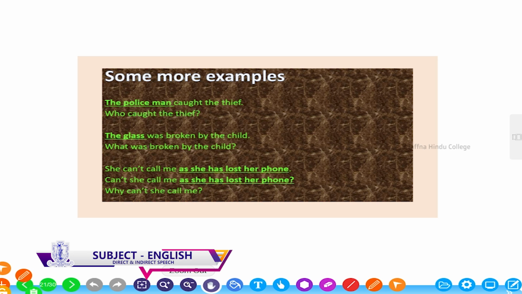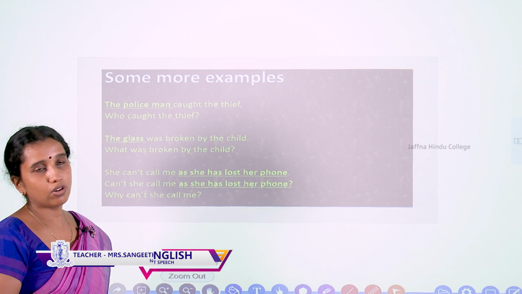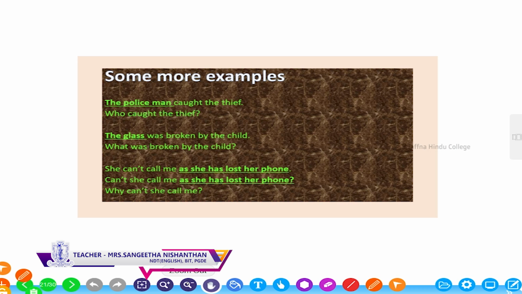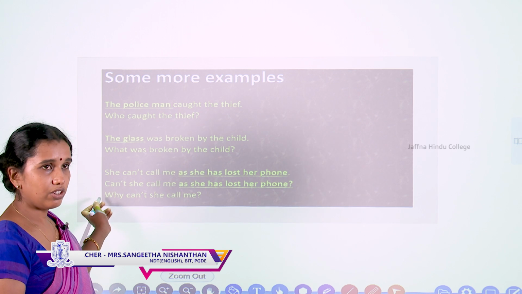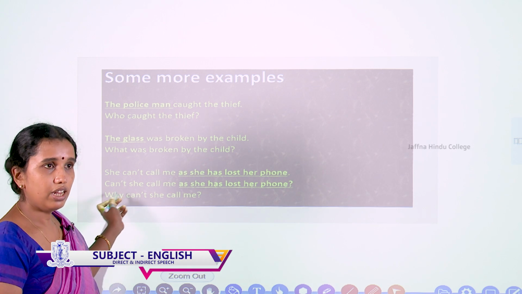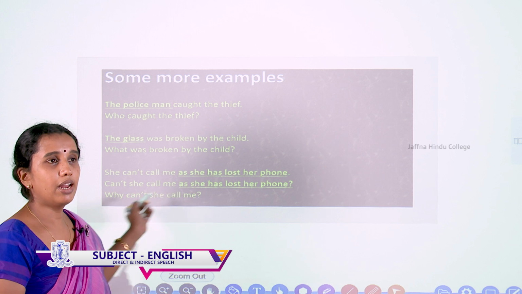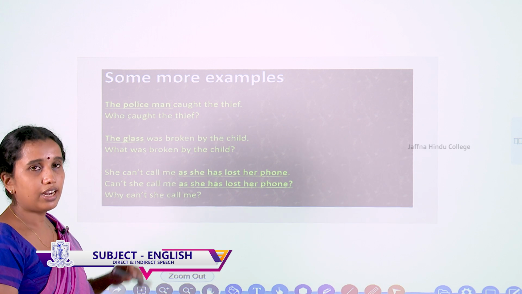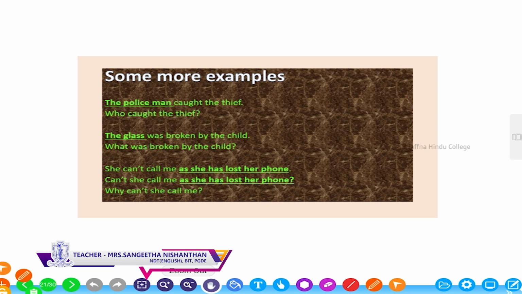She can't call me as she has lost her phone. This clause, the reason clause, should be the answer, so the question word should be why. First change it into a yes or no question, then remove the answer and put the suitable WH word at the beginning of the yes or no question. Why can't she call me?